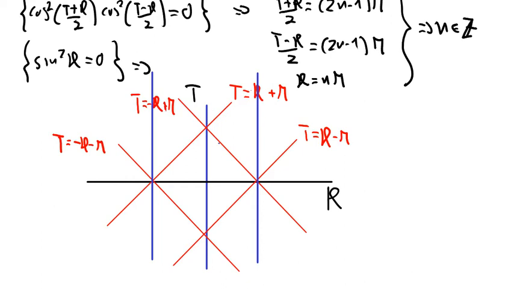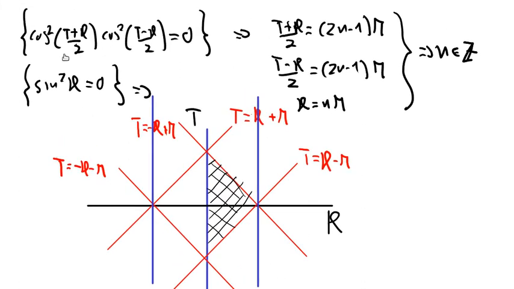Any of the diagrams is valid, but I'm just going to use the black pen. So I'm just going to pick a set which is bounded by these sets.